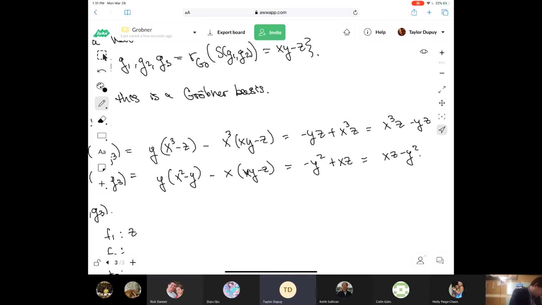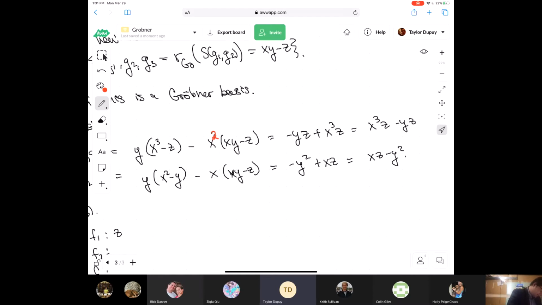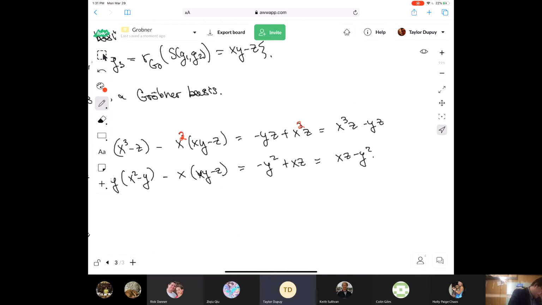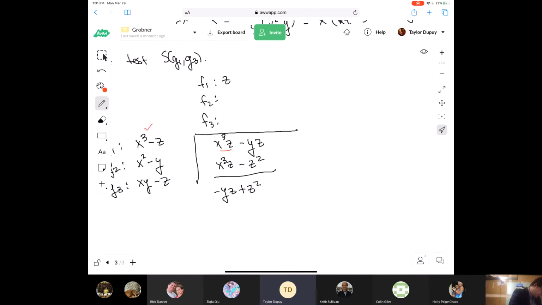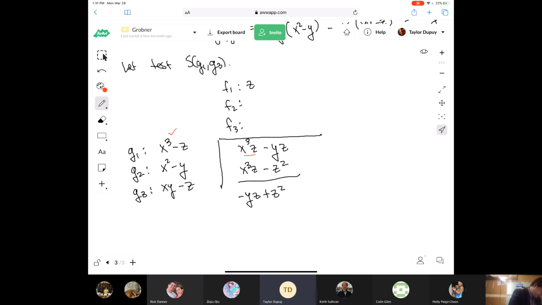This should be an x squared here. You see? This should be a square, and that makes this a square, that makes this a square, and this a square. Oh no, that makes the first one not a match. Okay, so I messed this computation up. Let me fix this.